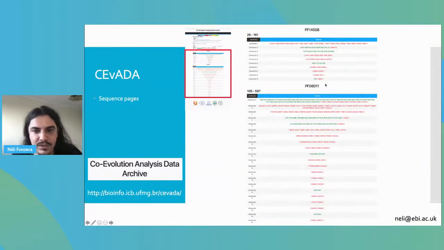And we also show the detected clusters of correlated residues for each Pfam domain that are available in CEvADA. Matches are displayed in green, while mismatches are displayed in red. So we can see that this protein has all the residues detected in community 3, but none of the residues detected in community 4.